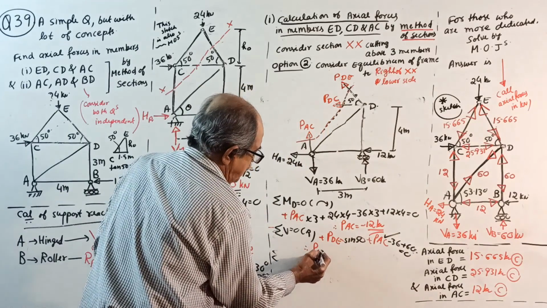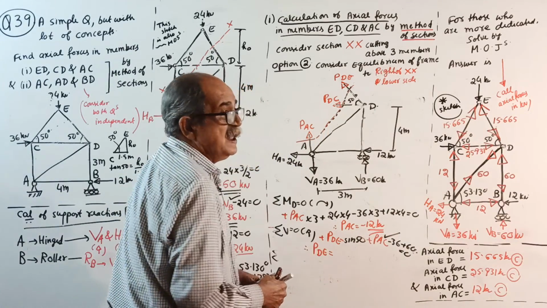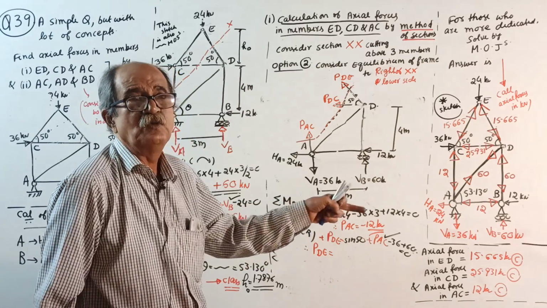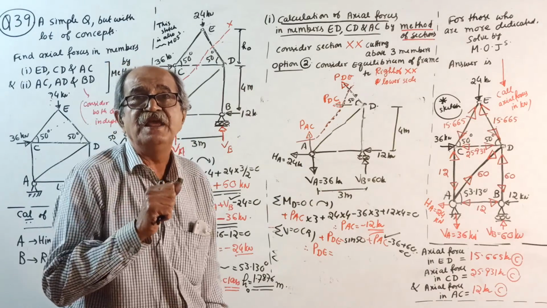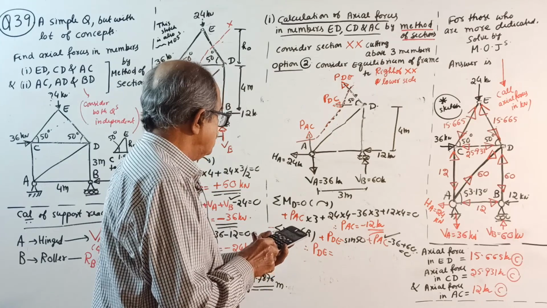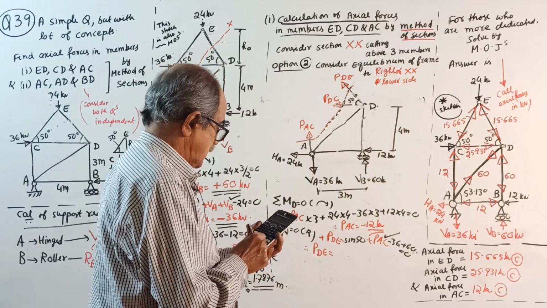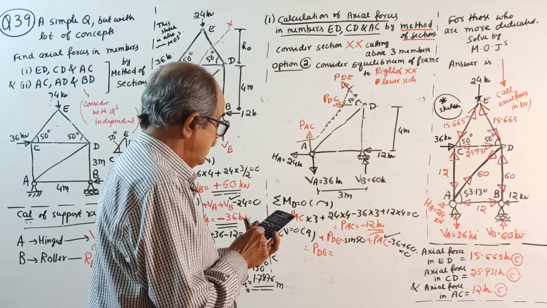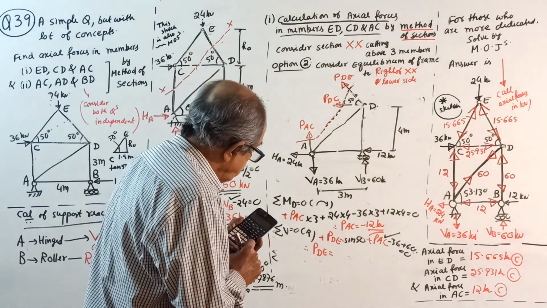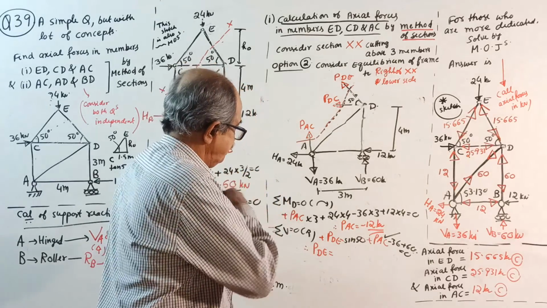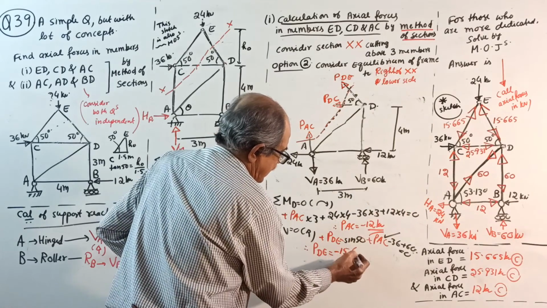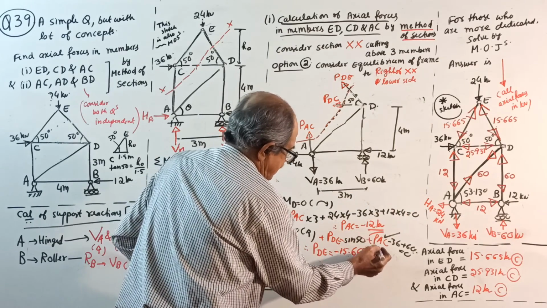In the beginning I used to write the calculation, substituting PAC equal to minus 12. Who is teaching, who is learning? You are learning, do all those things. So, substitute PAC minus 12. Minus 12 minus 36 plus 60, answer is 12 divided by sin 50, minus 15.665. Let me see later.